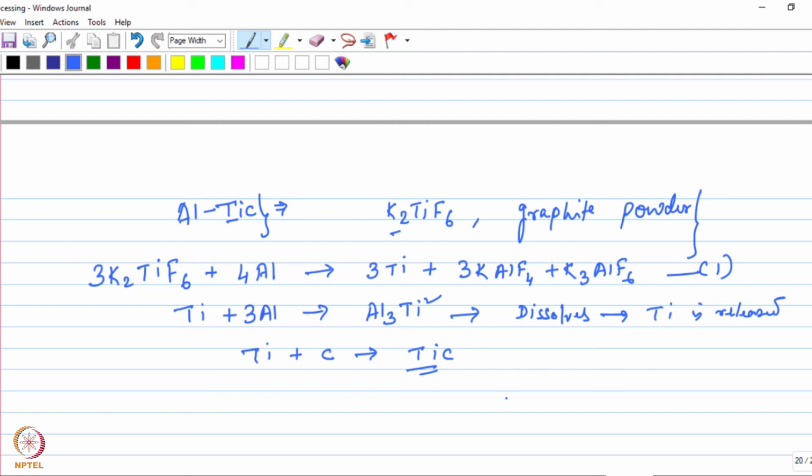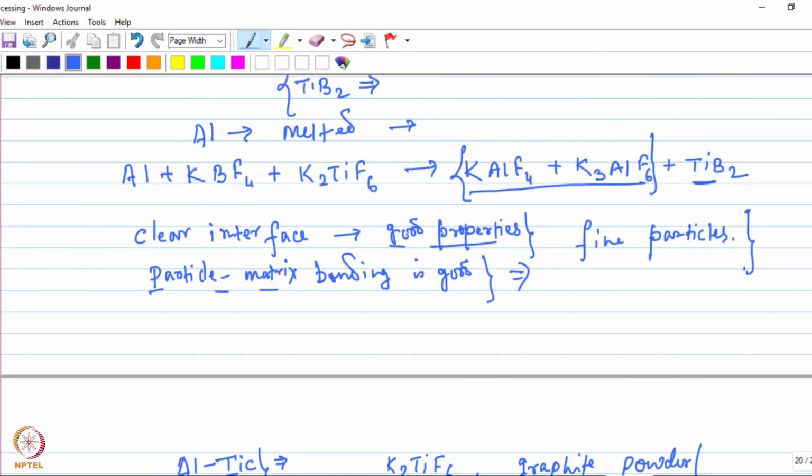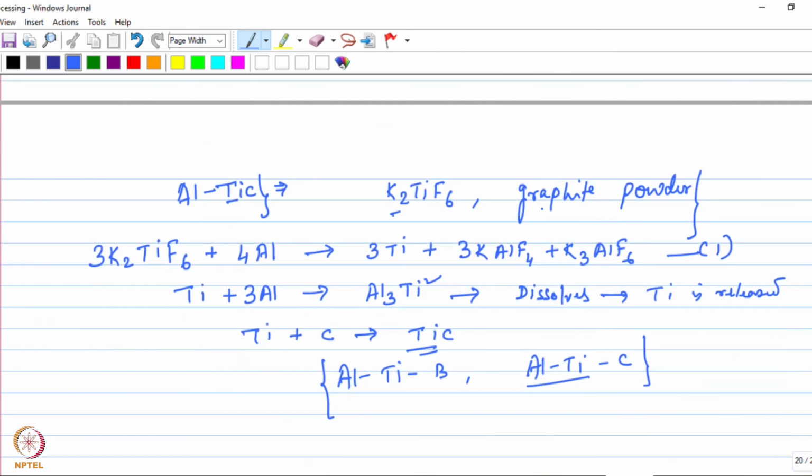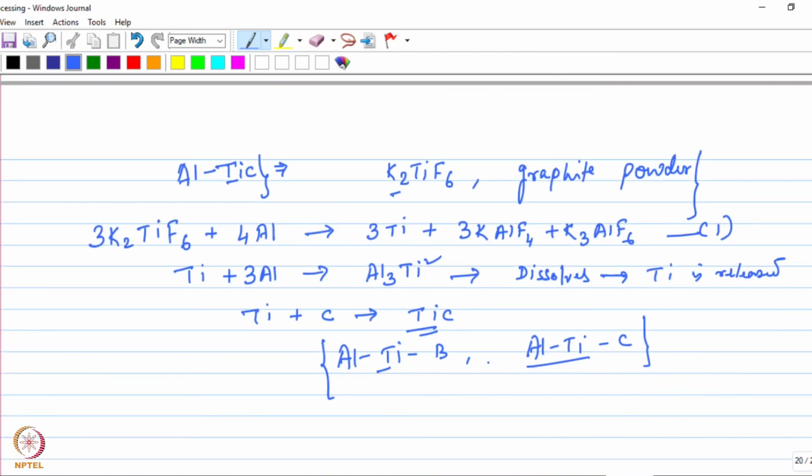If you remember, we talked about similar kinds of materials for grain refinement. We talked about aluminium, titanium, boron, and also aluminium, titanium, carbon. So this kind of grain refiners can also be made in a similar manner. When you add a similar kind of raw materials, you can also make these master alloys.